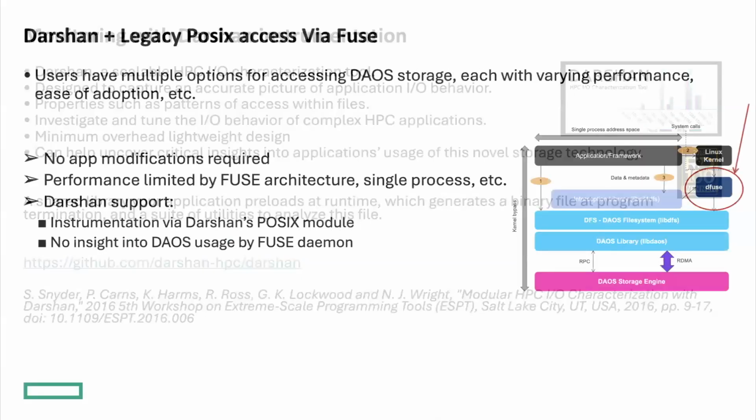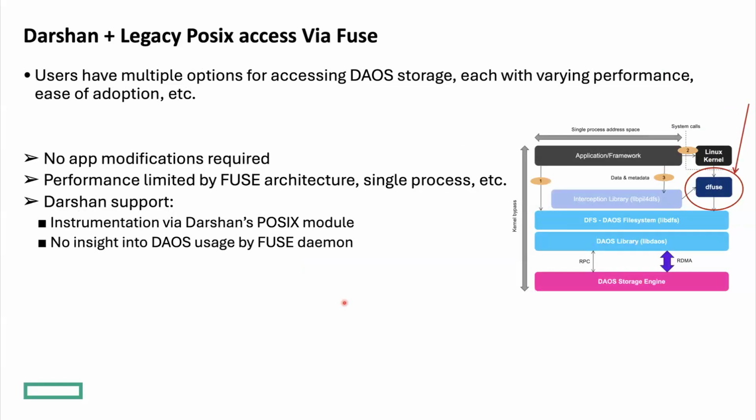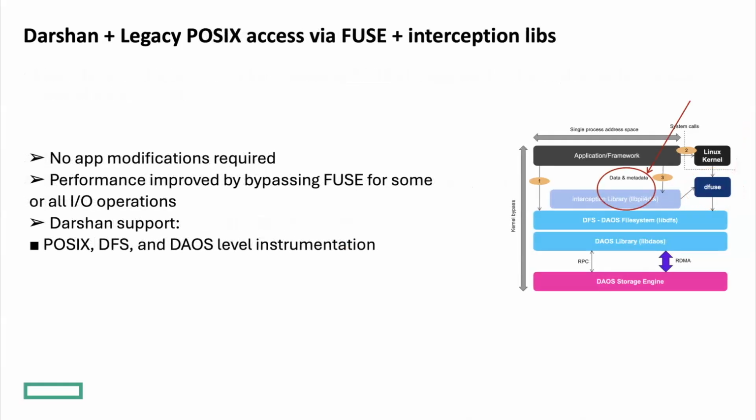You have multiple options for accessing DAOS storage, with different performance for different interfaces. If you're just going to use the dfuse interface without any interception library, there won't be any modification required, but it'll still go through the kernel, and Darshan would give you just the POSIX-level instrumentation, and you won't have any insights into the DAOS level. The second option is with the interception library.